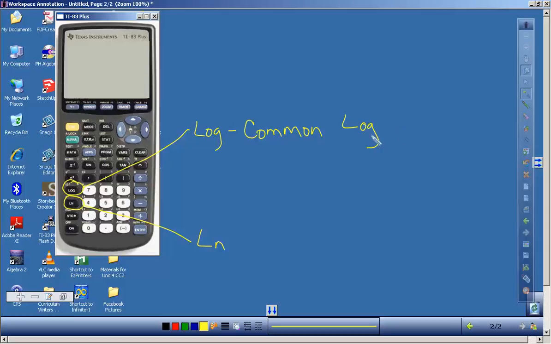Again, it's just the one that we use the most often. The common log is a base 10 log. So whenever you see the word log and they give you no base, you have to know that the base is 10. It is a log base 10. LN is also a log, but it is the natural log.